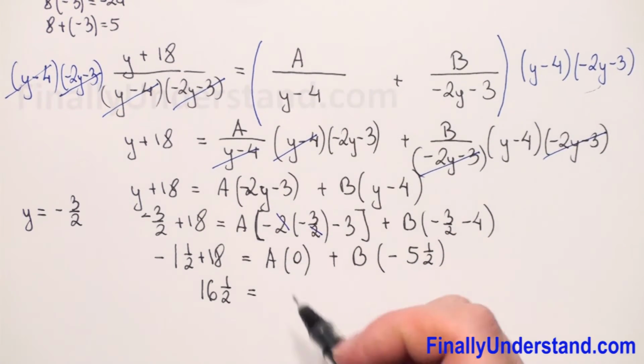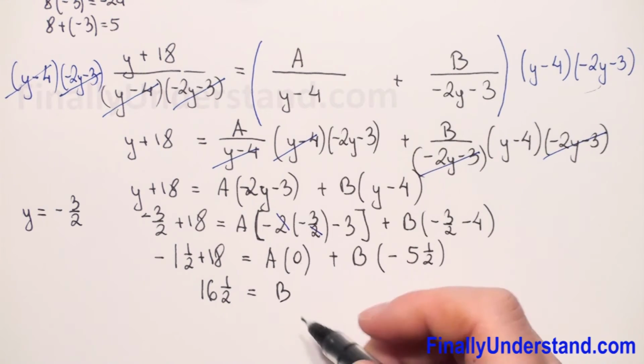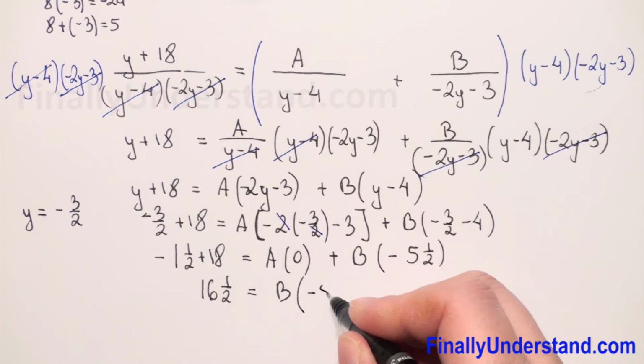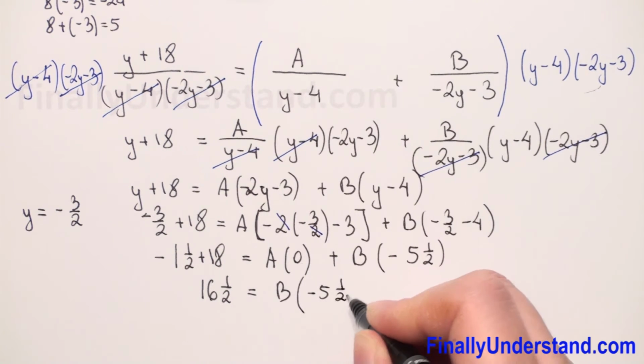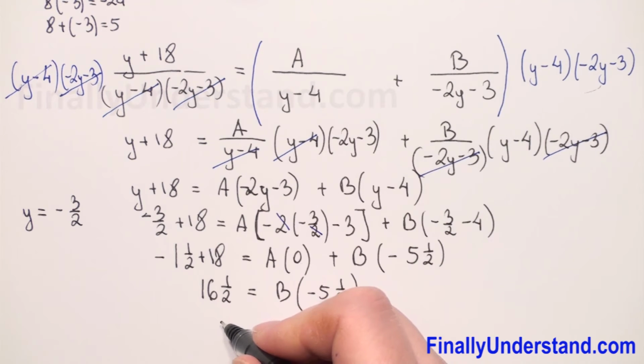A times 0 is 0, we don't have to write it, so we have only b times negative 5 and 1/2. So now I will change these mixed numbers to improper fractions. So 2 times 16 is 32, plus 1 is 33 over 2.